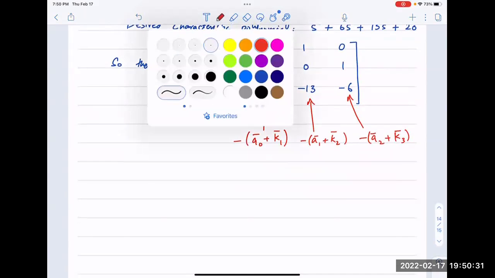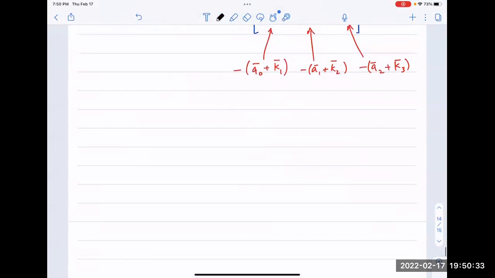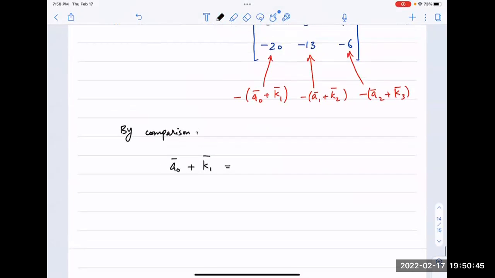Okay, and then the next step is comparison. So by comparison, a0 bar plus k1 bar is 20, and then a1 bar plus k2 bar is 13. This should be 6.